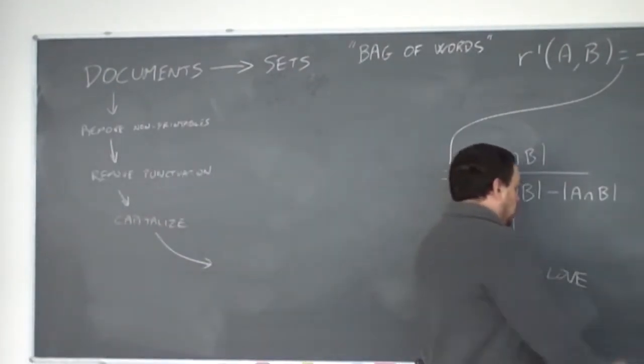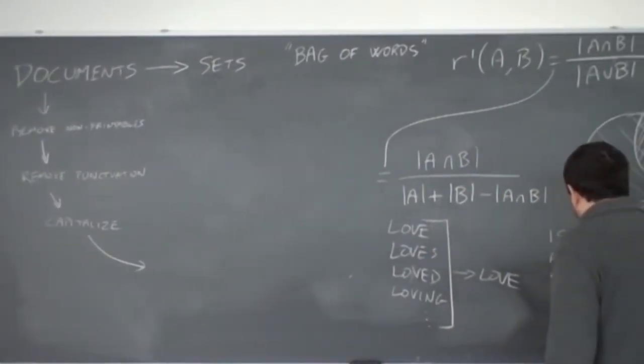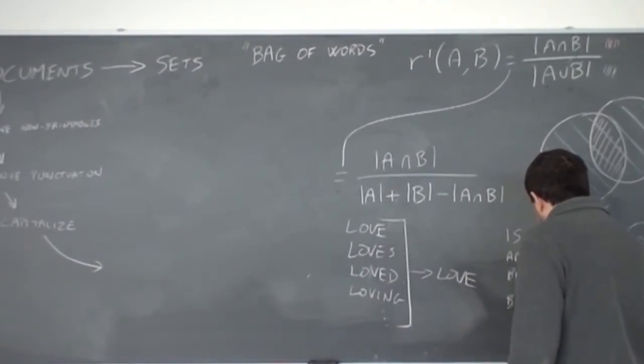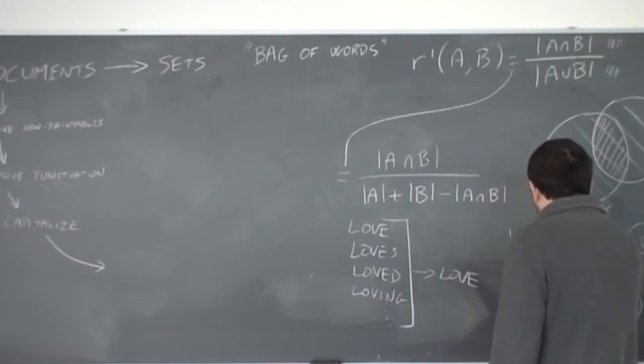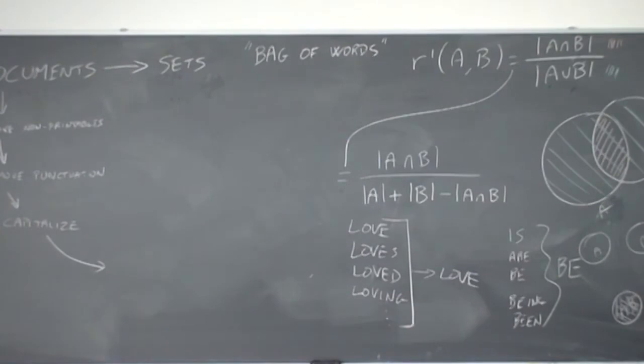Or all the forms of the verb to be: is, are, be, being, and so on. All of this should be collapsed to a common form, be.